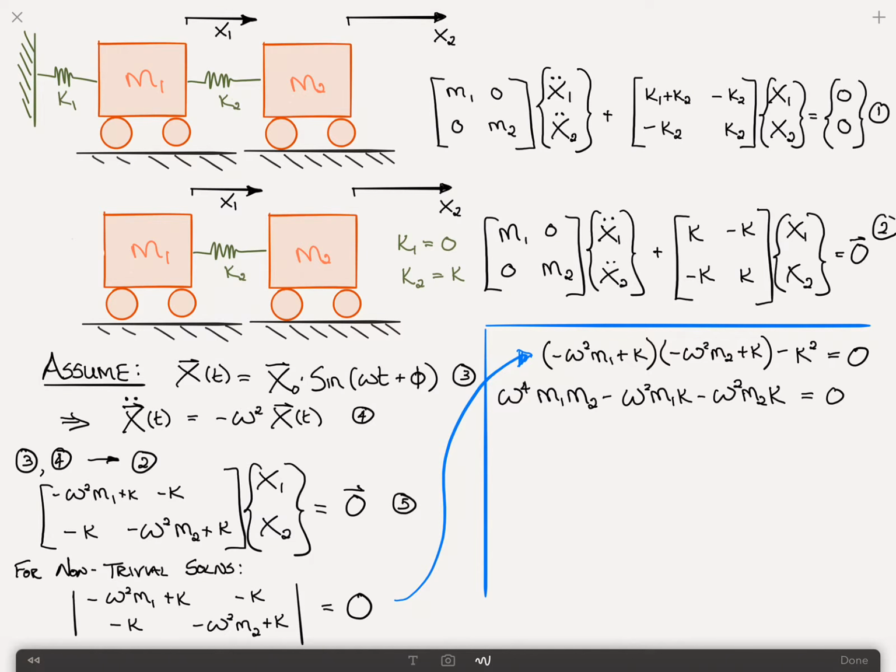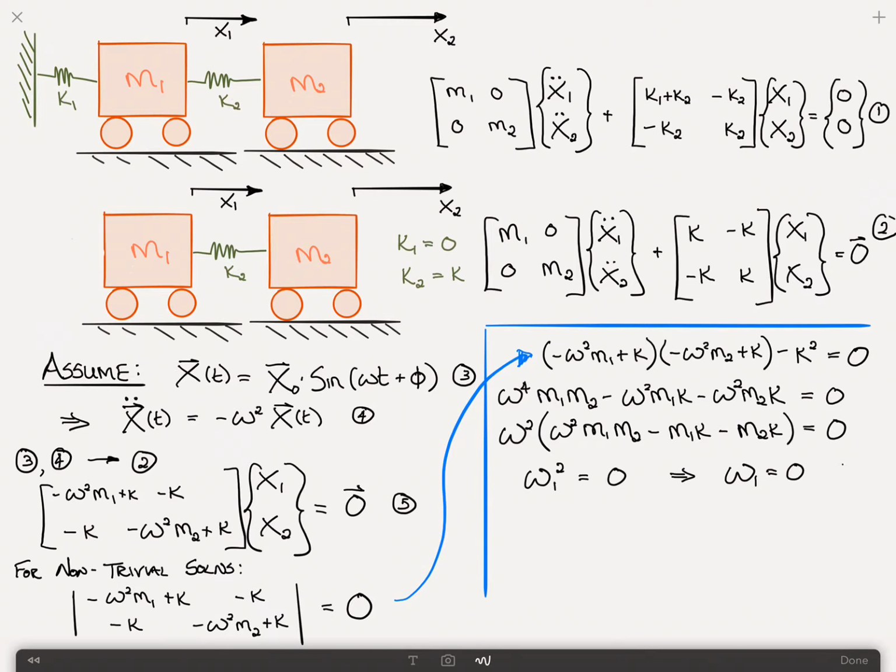I'm going to take out omega squared as a factor, and I get omega squared times omega squared again, m1 m2 minus m1 k minus m2 k equals 0. So either omega 1 squared is equal to 0, which would obviously imply that omega 1 is equal to 0.